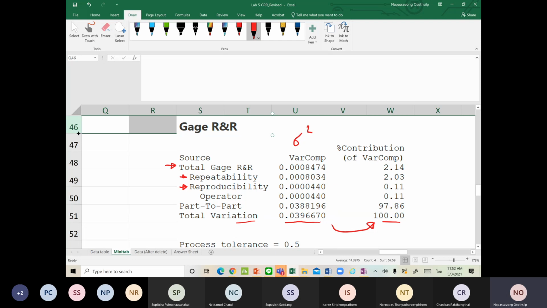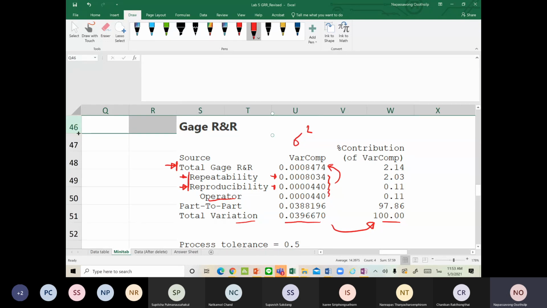We obtain these numbers of variance. If you sum up these two variances, you will get this number. And reproducibility is actually variation regarding operators, right? So these two numbers are the same for this case.